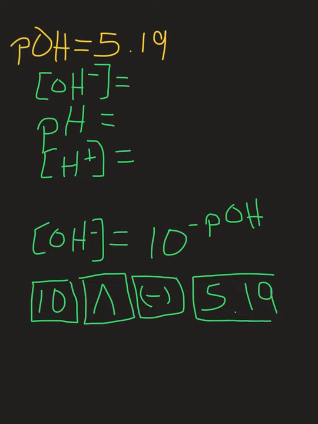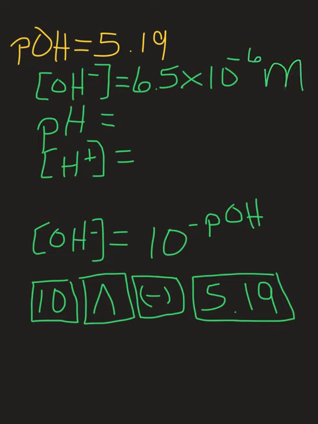That's our pOH. And hit equals. 10 to the negative pOH, 5.19, and we should get 6.5 times 10 to the negative 6 molar.